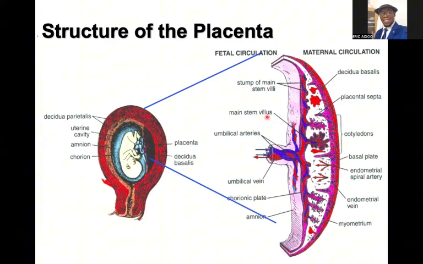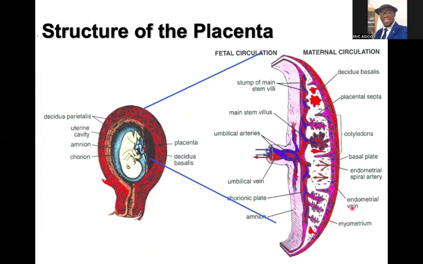So you have a primary stem villus, and then the branching will continue until you have tertiary ones. Characteristic in this nature, you have 3 blood vessels: 1 vein and then 2 arteries. It's so characteristic of that location.